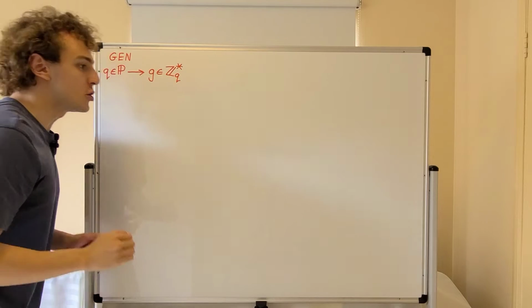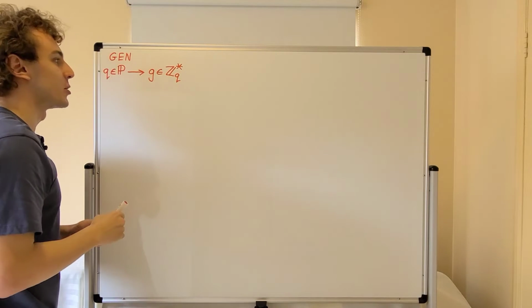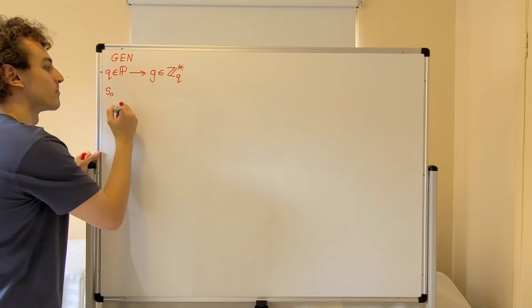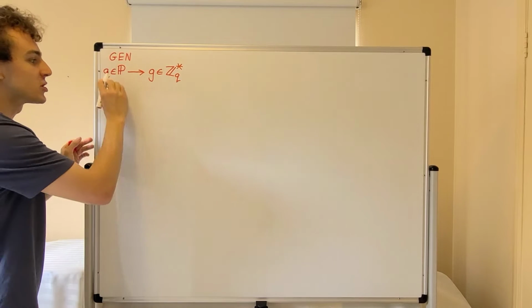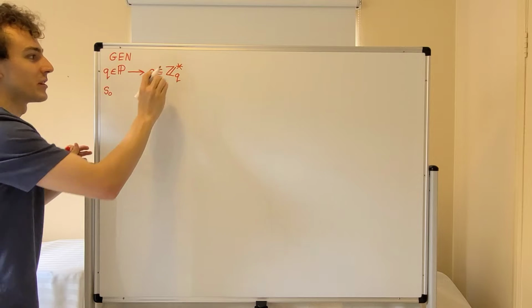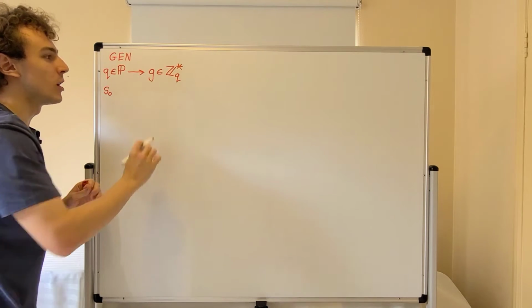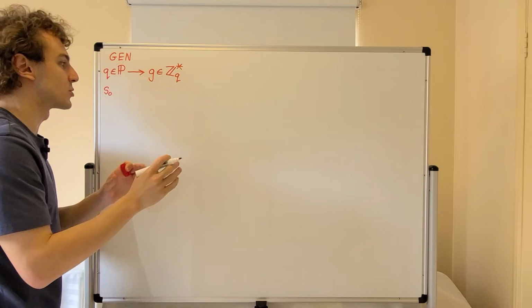Now we have to choose a secret value, and we can denote this secret value as S0. This secret value will be sourced from some of these numbers over here, but we're going to have even more restrictions. So we're not just going to remove 0, we're going to remove 1 and minus 1.